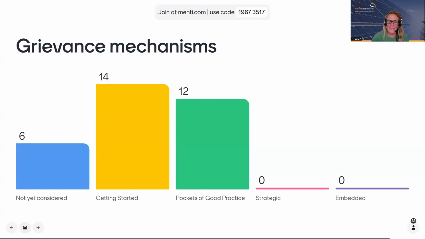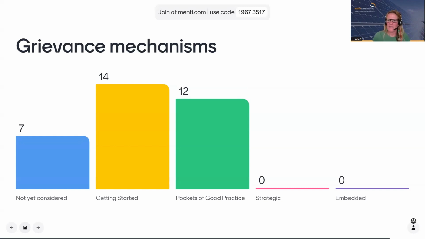Embedded. So I'd say if this is embedded, you'd have multiple routes to raise concerns. You'd have anonymous reporting to organisations like Unseen's Modern Slavery Helpline. You will have removed any barriers that could have got in the way of people flagging concerns like those we talked about a minute ago. Your grievance mechanisms are shared with your business associates, your supply chain. Anyone can use those grievance mechanisms. And people know what happens next if they do raise a concern.